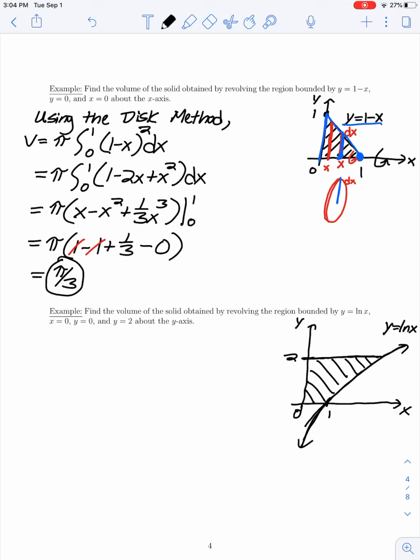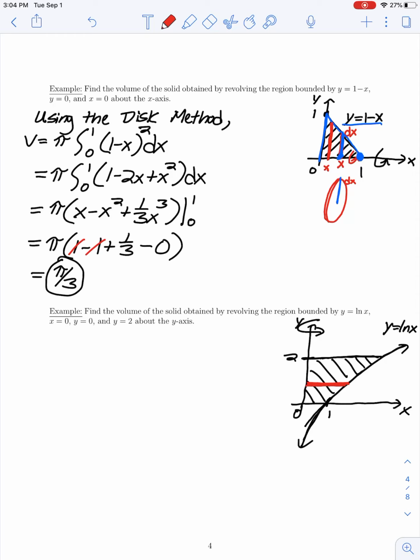And we're told that we're going to revolve this region in this problem about the y-axis. So let's think about how we could use the disk method in order to calculate that volume. So here, since I'm revolving about the y-axis instead of the x-axis, it might be beneficial to think about a representative slice through my region, which is perpendicular to the y-axis instead of the x-axis.